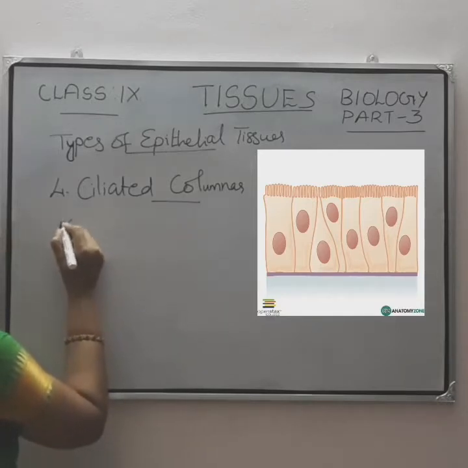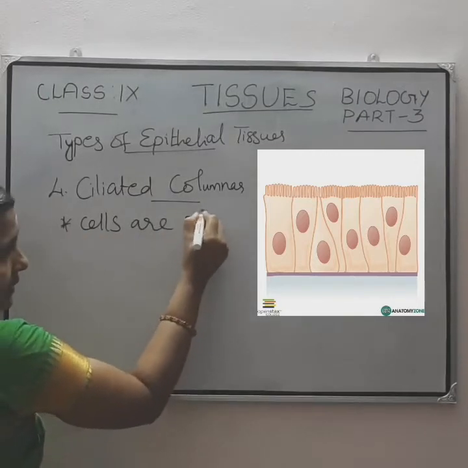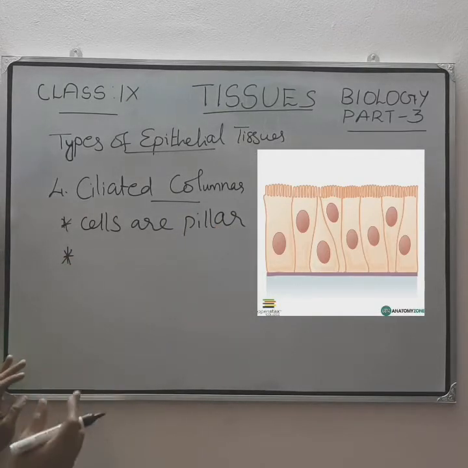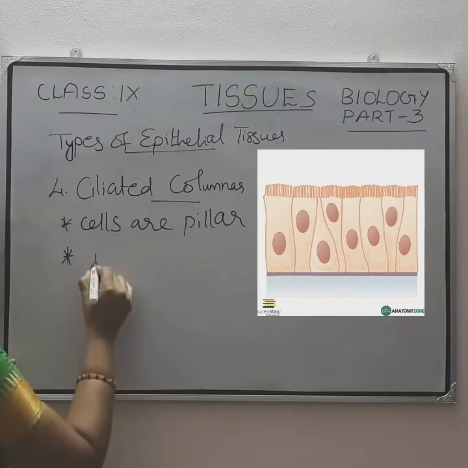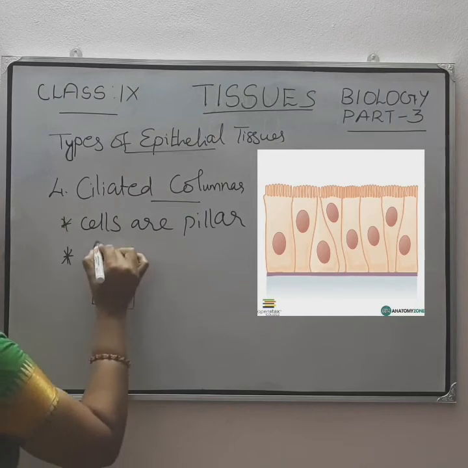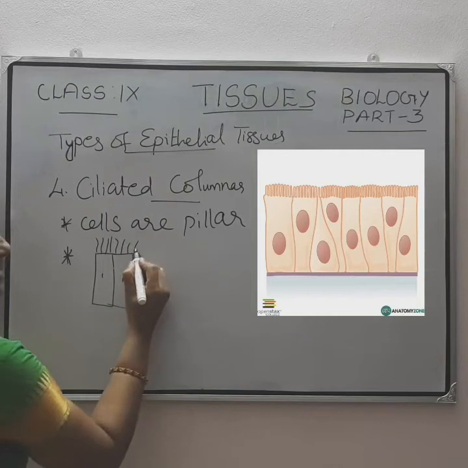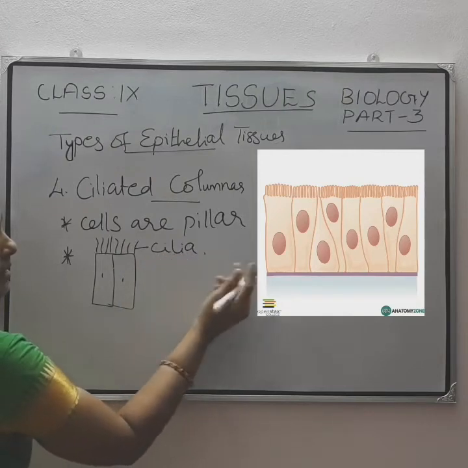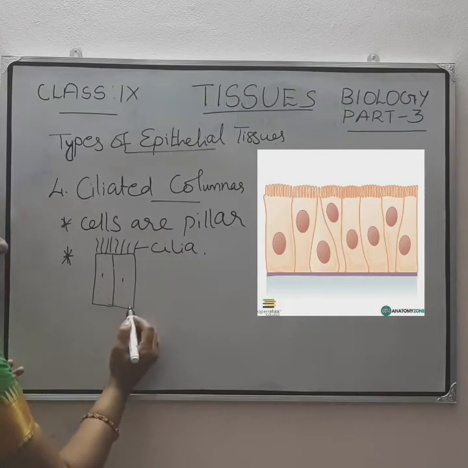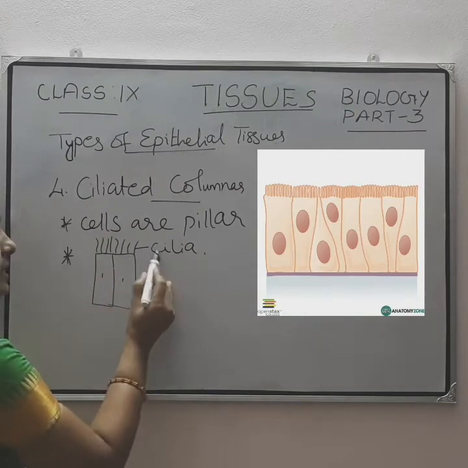Here the cells are columnar or pillar-like, but these cells possess certain hair-like projections on the outer surface. These are called cilia. Look at the figure also. So elongated columnar cells are there, and the outer surface possesses hair-like projections called cilia.